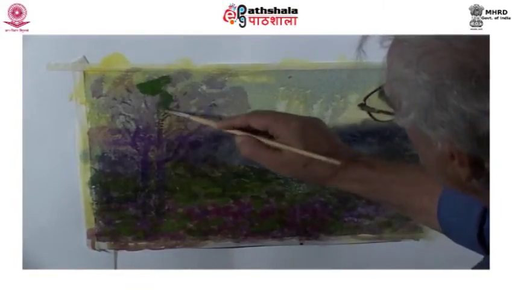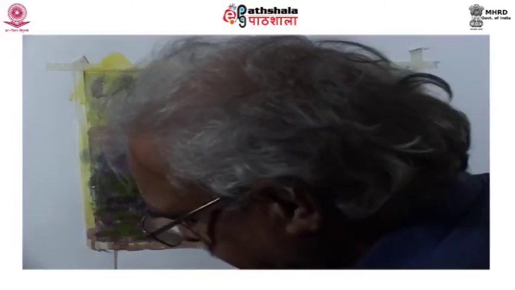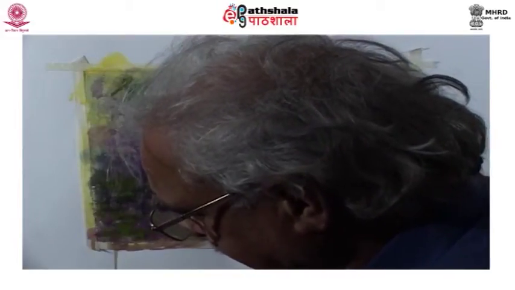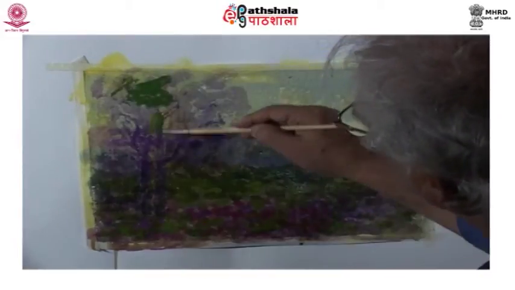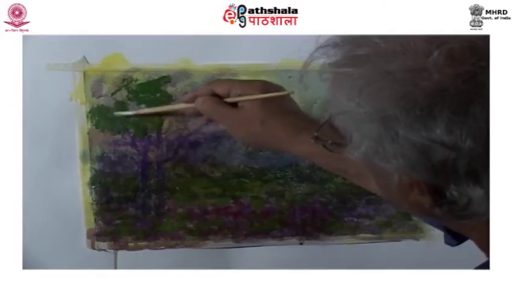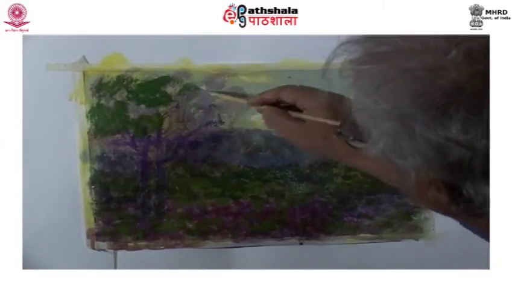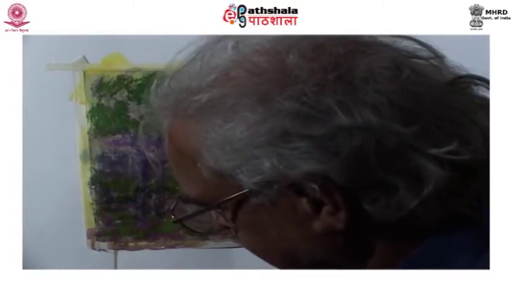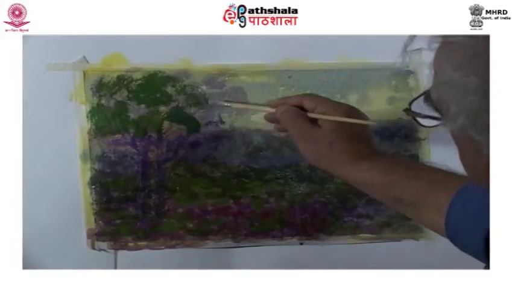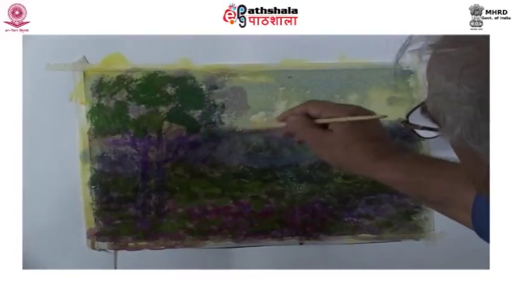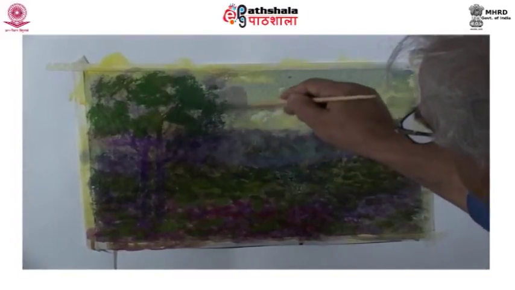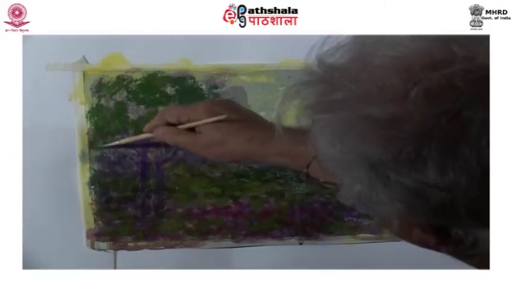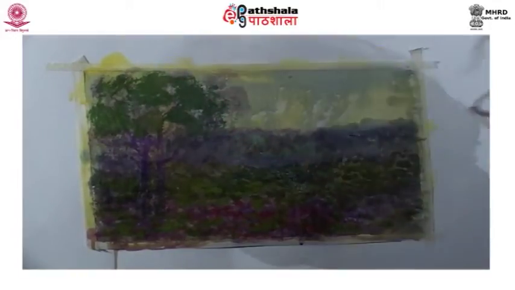Now add haphazard dry strokes of green for making the heavy foliage of the trees. One can put bold patches or create effects by rubbing the dry brush over the surface to create textures.